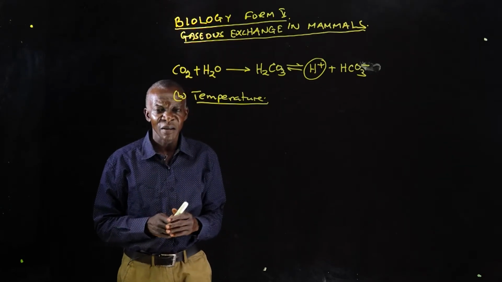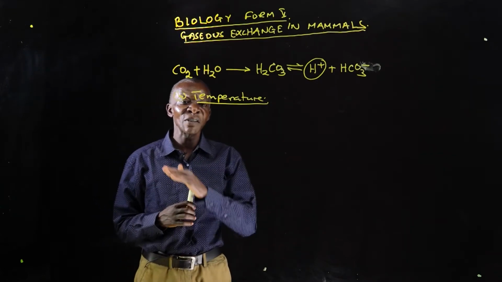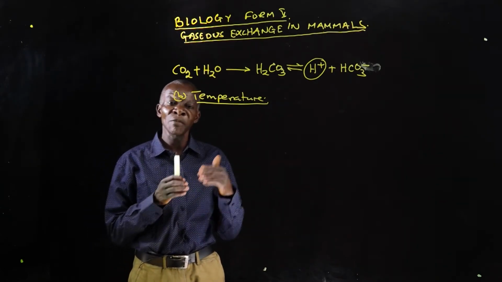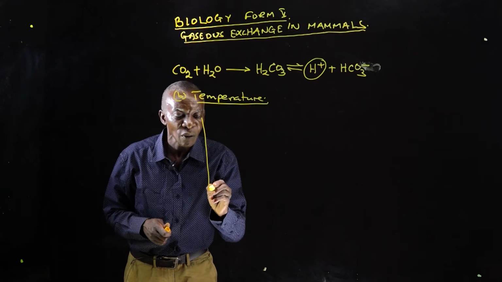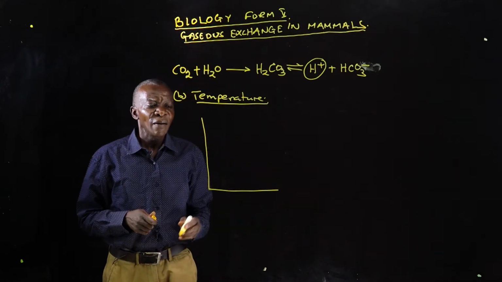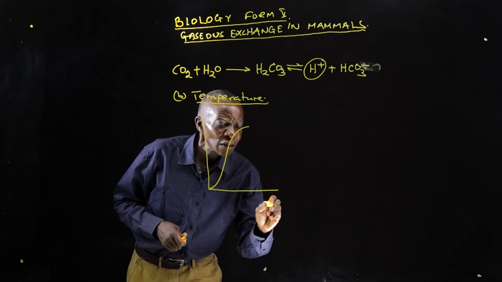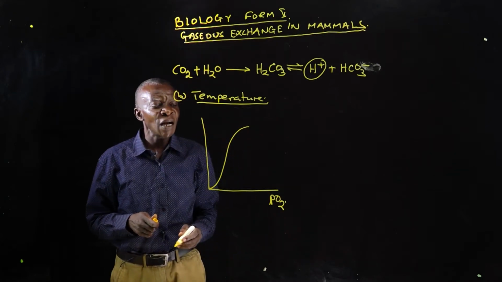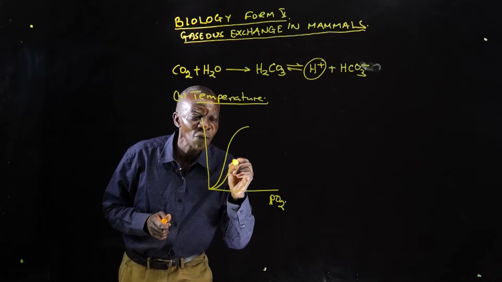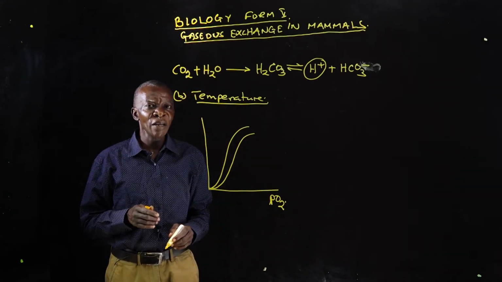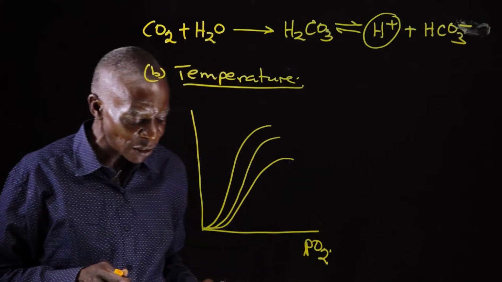In these situations, the oxygen dissociation curve is displaced towards the oxygen partial pressure axis. So here we have the oxygen dissociation curve, and this is the partial pressure axis. With increasing temperature, because of carbon dioxide production, there will be shifting of the oxygen dissociation curve.